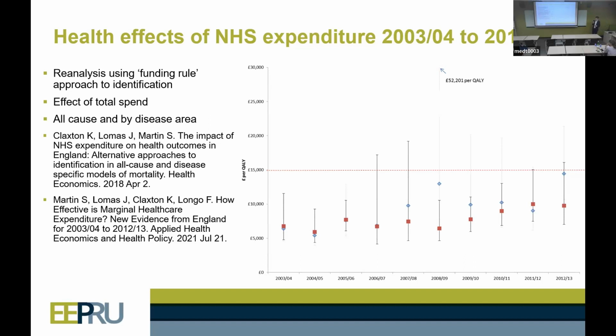So in some ways, we have more confidence in these red squares because the instrumental variable approach has more of a conceptual basis, an intuitive explanation as to why the specific instruments work for this context. And you can see that, again, basically these results are broadly consistent with one another. If anything, I think you would say that the red square results here with the funding rule IV were producing slightly lower costs per QALY for the NHS, and certainly strong evidence again that it doesn't cost as much as £15,000 per quality adjusted life year.